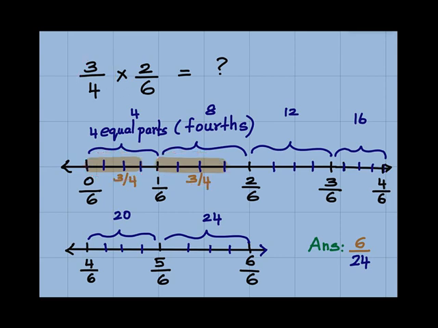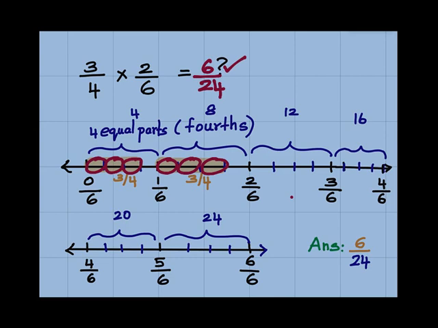Okay? We know that the answer is 6 by 24. This 6, let me show you in the number line. 1, 2, 3, 4, 5, 6. So that is a 6, which is in the numerator.